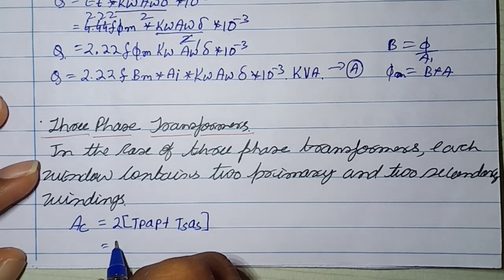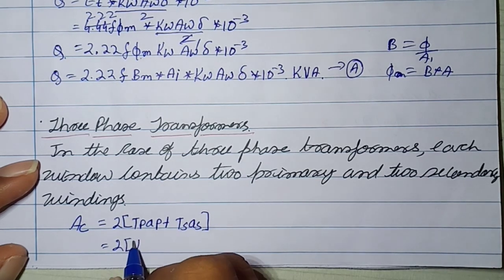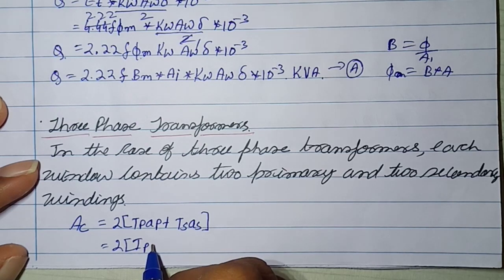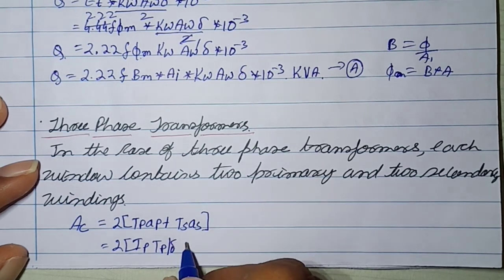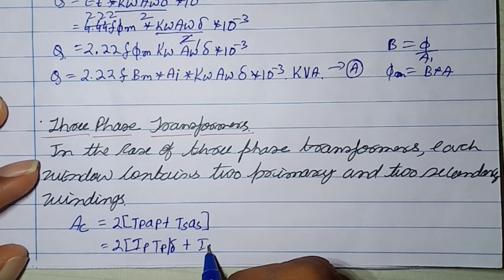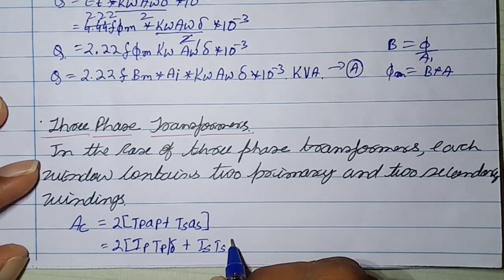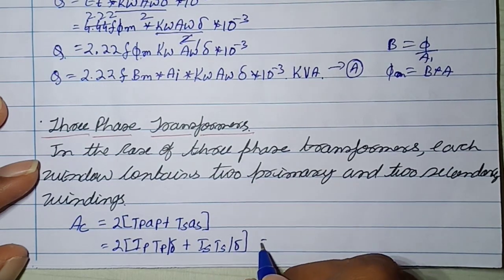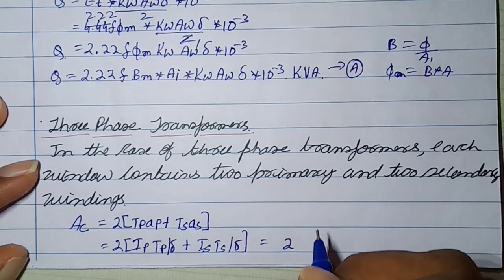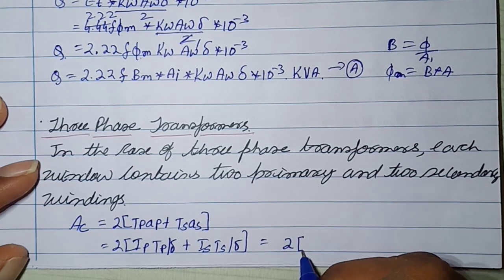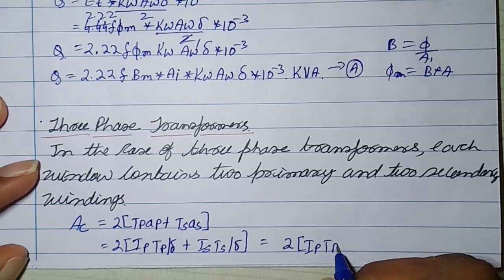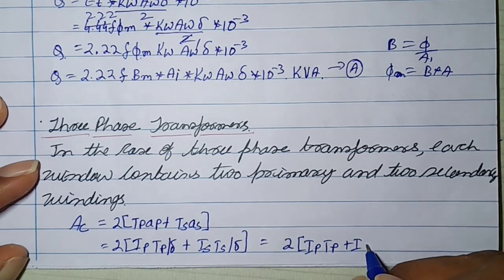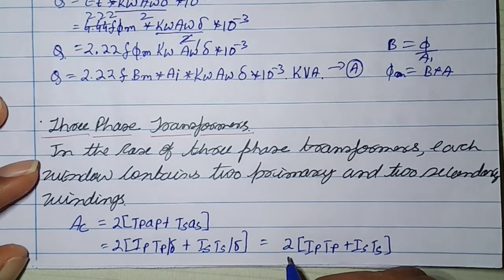It is 2 times IP TP by delta plus IS TS by delta, which is equal to 2 times IP TP plus IS TS divided by delta.